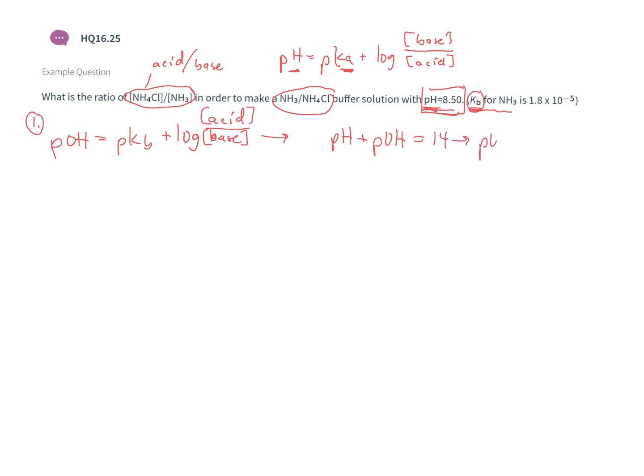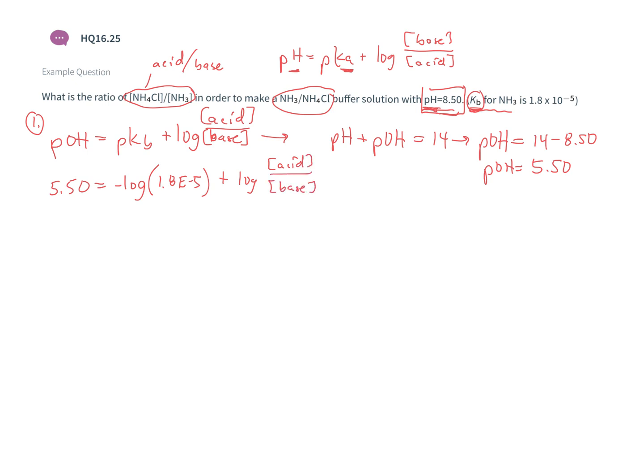So the pOH of this solution is 14 minus 8.5, which is 5.50. That equals the pKb, which is negative log of Kb, 1.8 e to the negative 5, plus the log of my acid over my base concentration.